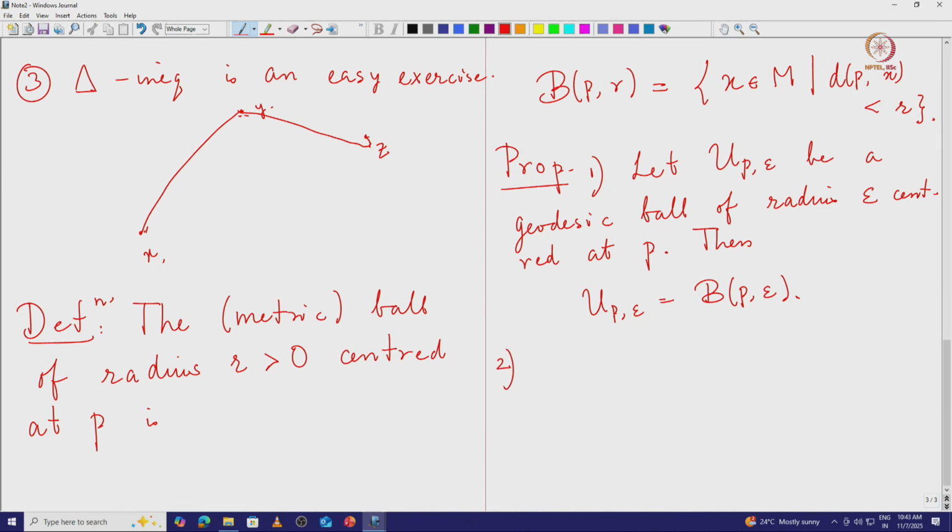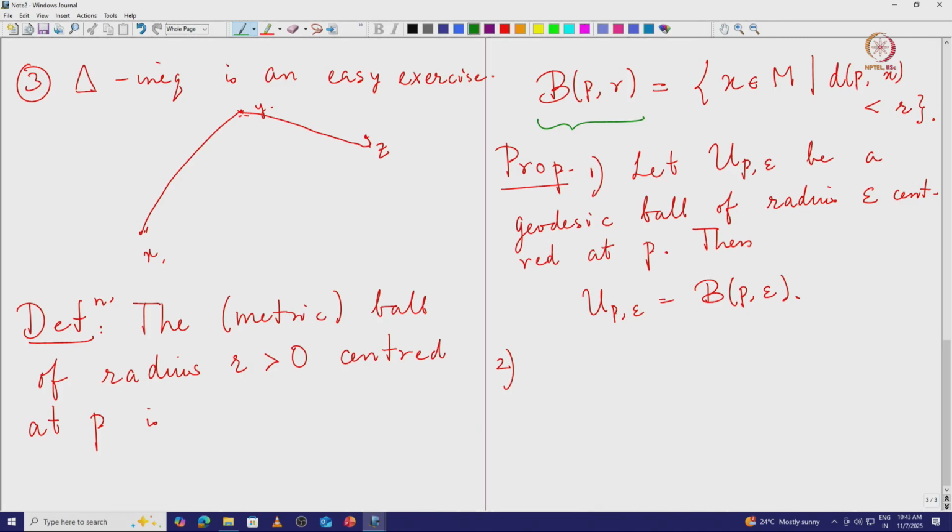The second key point: we have our manifold M, which already comes with a topology, as part of the definition. A smooth manifold is a topological space which is Hausdorff, second countable, and locally Euclidean. Now we have a distance function on M, which induces its own topology, where the metric balls form a basis.